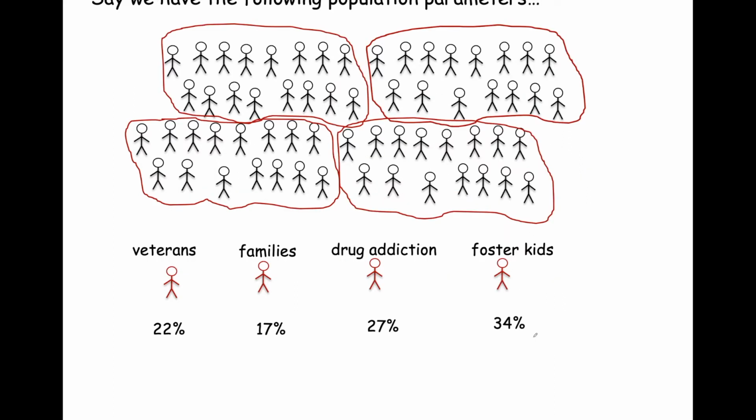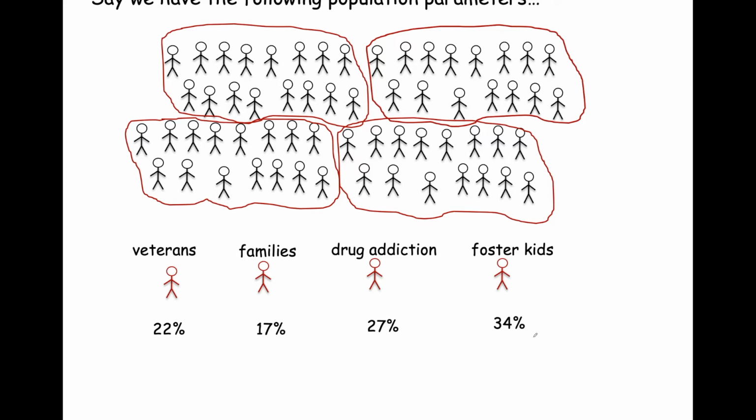So in this, let's imagine we have the following population parameters. Now, granted, in ground truth you don't have access to these, but for the sake of demonstrating what a mixture population is and how you might sample from it, let's just imagine that we knew what these population parameters were. And so they are, imagine, ground truth: 22% of the homeless population were veterans, 17% were families, 27% are drug addicted, and aged out foster children are 34%.